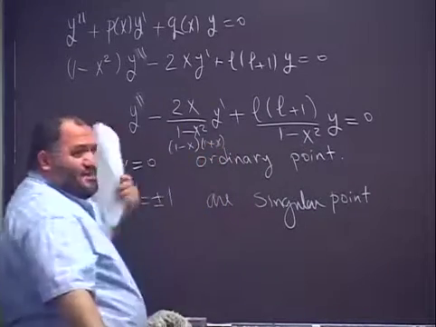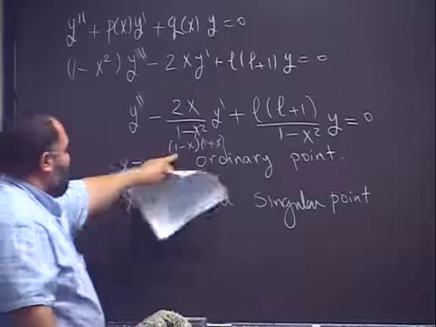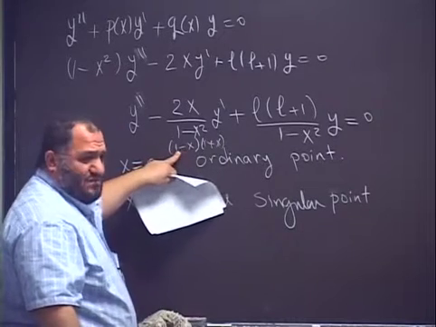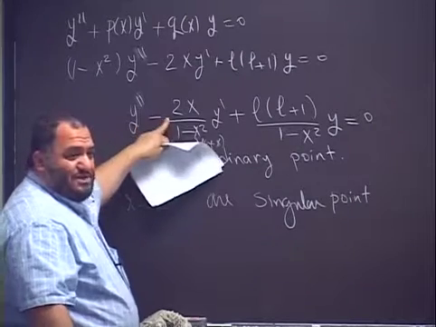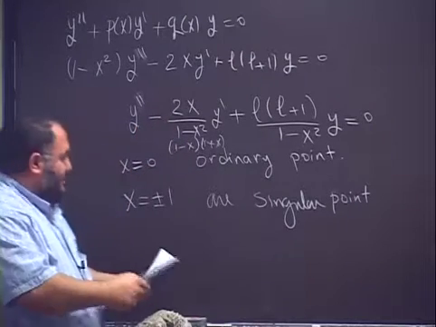If the singular point is x equal to 1, for example, and you multiply by 1 minus x here, you will eliminate the singular point. Okay, guys?